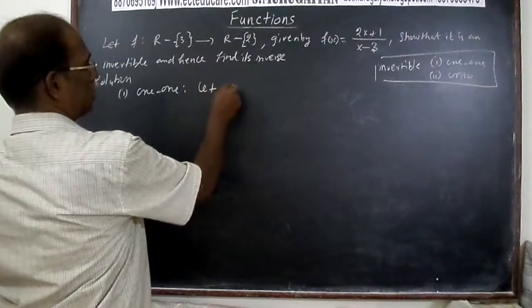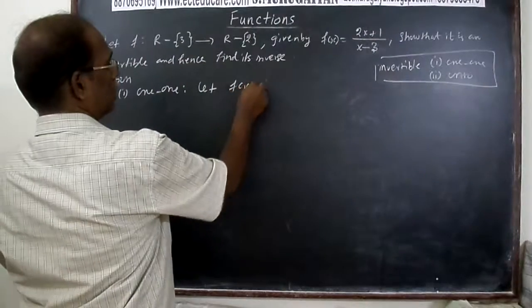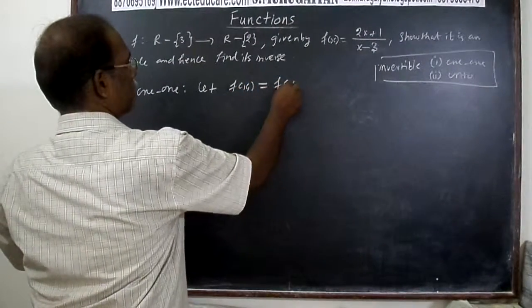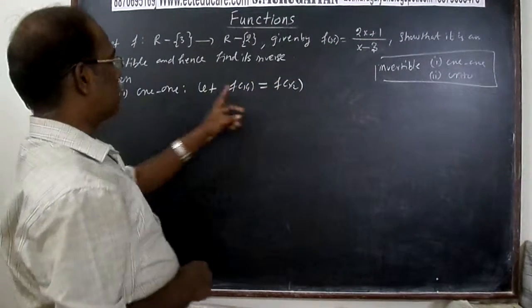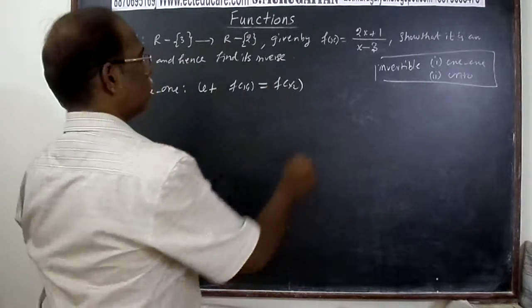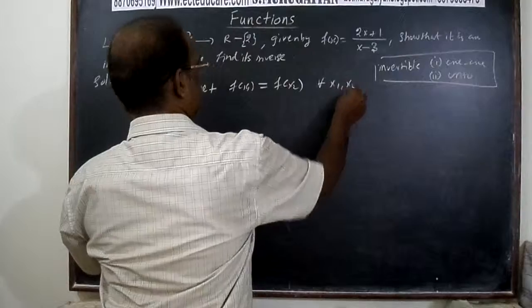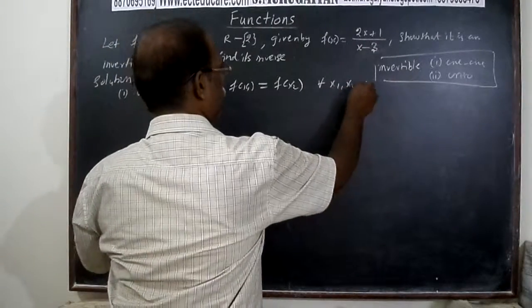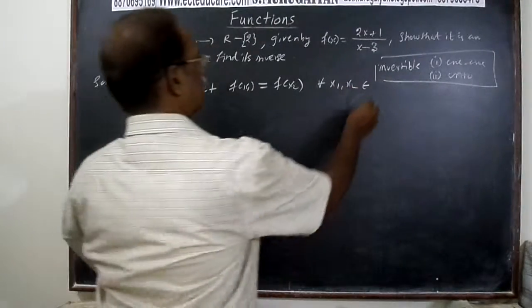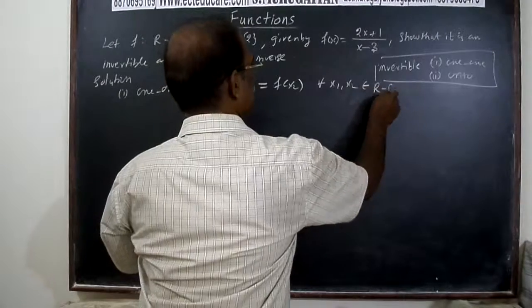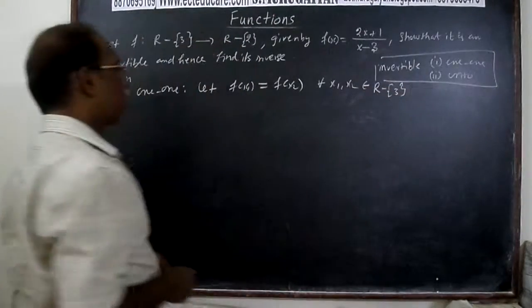So let us assume f(x1) is one image and f(x2) is another image. We are considering these two are equal, for all x1, x2 the pre-images in the given domain R minus the element 3.